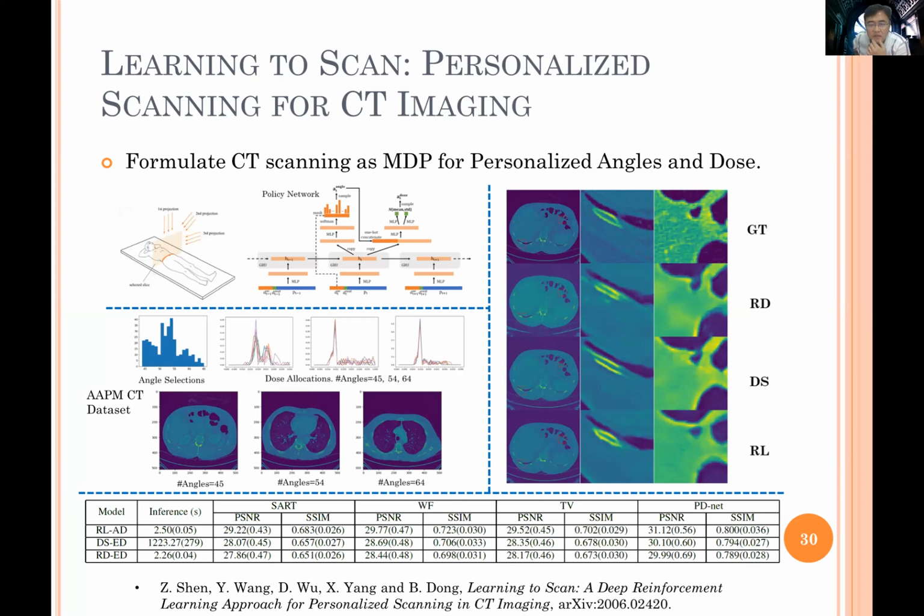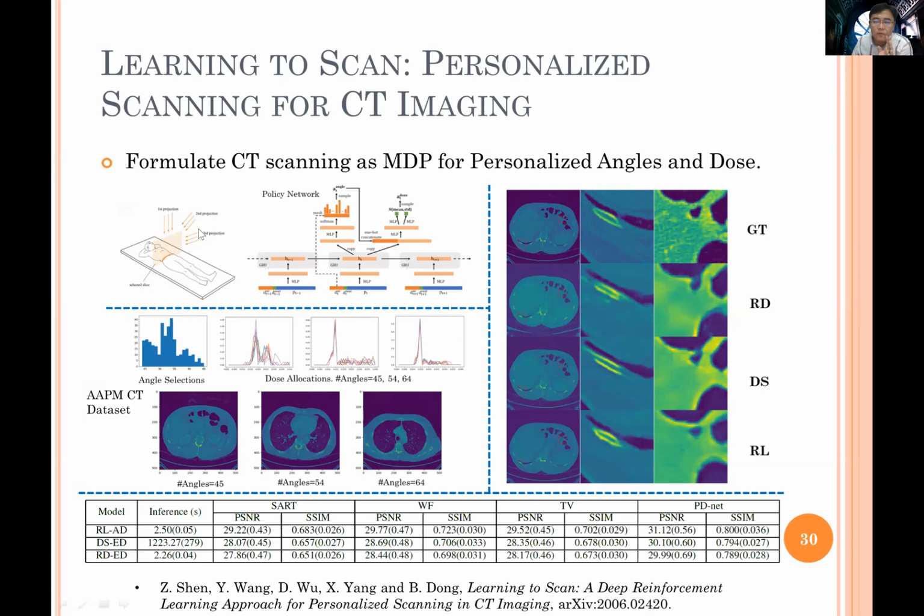And before I end, this is another work that I think is very interesting, where we use reinforcement learning to achieve personalized scanning for CT imaging. Normally for CT imaging, the angles and the dose are pre-selected, and for different patients it's pretty much the same.